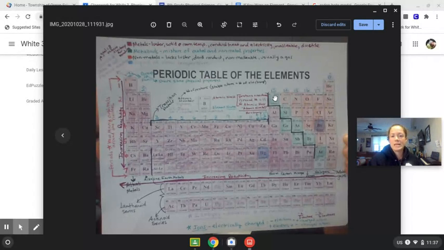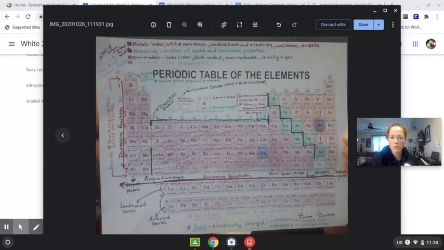Group 13 through 16, they can be group 13 through 16, or a lot of times they're referred to by the first element in their group. So this is the boron group or boron family, the carbon family, the nitrogen family, the oxygen family. These guys have a special name again. This is the halogen family. These are the noble gases.